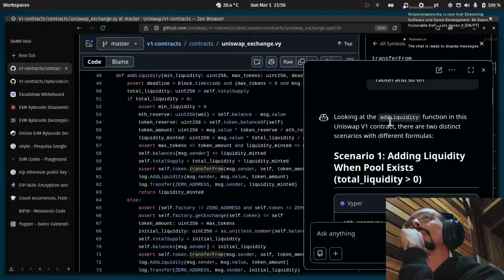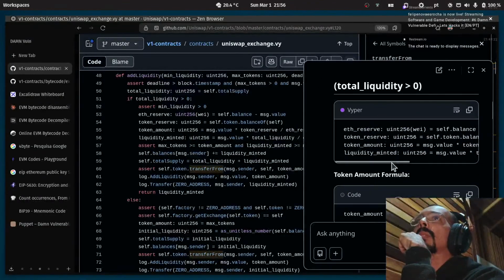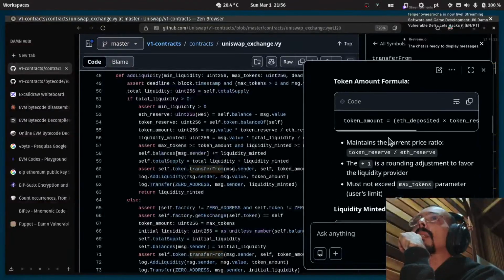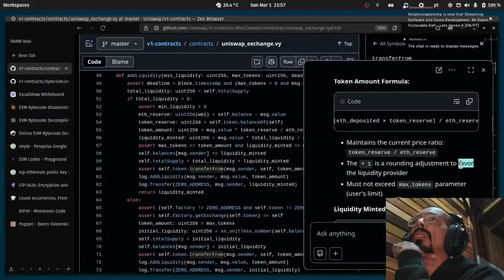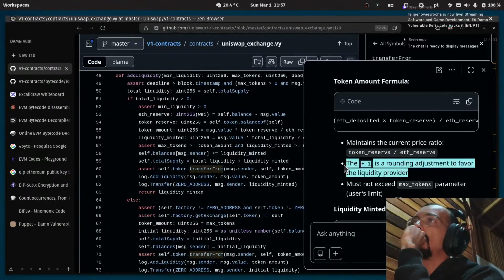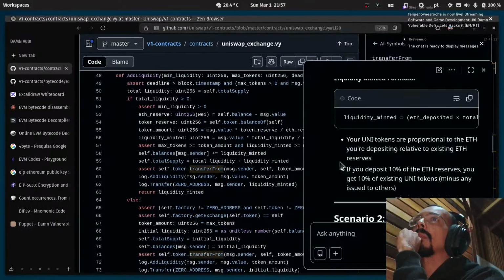Look at the function, that's the part we studied, right? So the formula here maintains the current price ratio. The +1 is a rounding adjustment to favor the liquidity provider. It must not exceed the max token parameters.